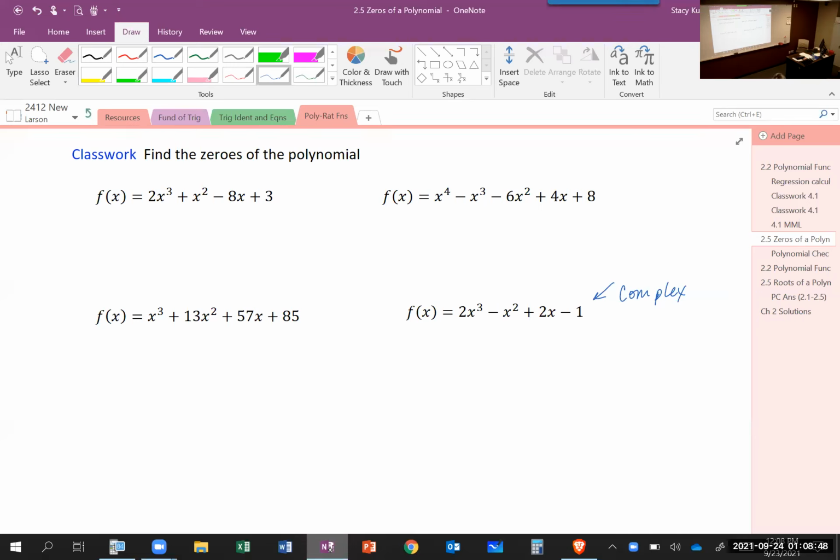So that's a negative. You really should go negative 4AC. You can't do this, because you would need a 4 on the outside of that square root.